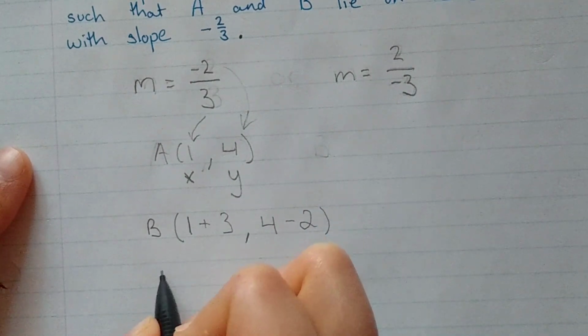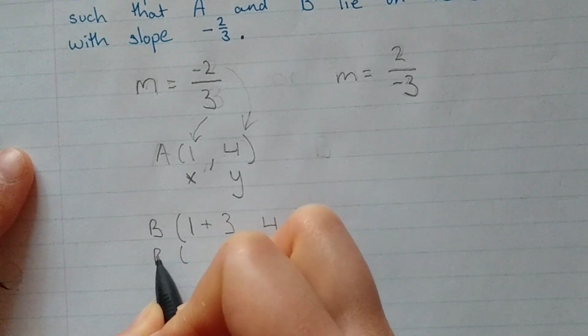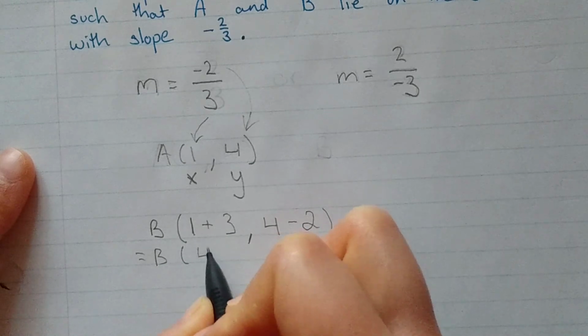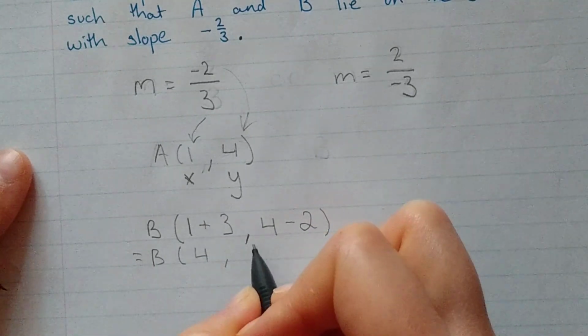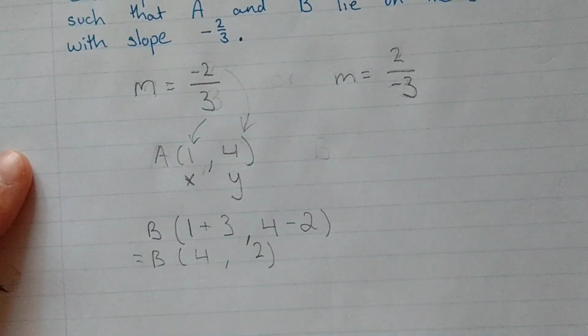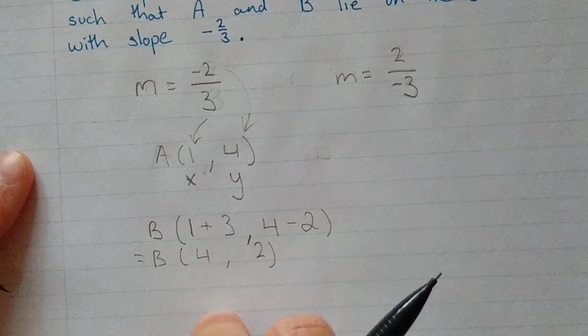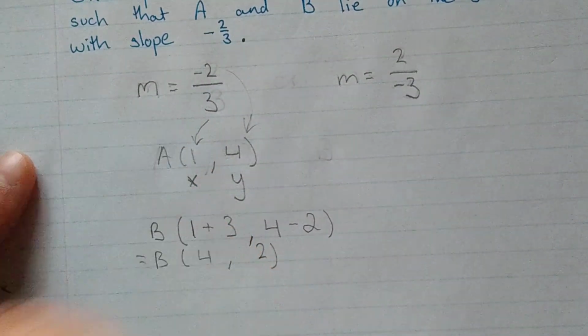So B equals 4 and 2. So these 2 points would lie on a line with a slope of negative 2/3.